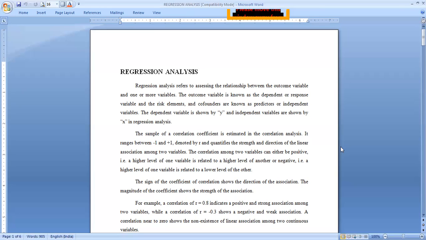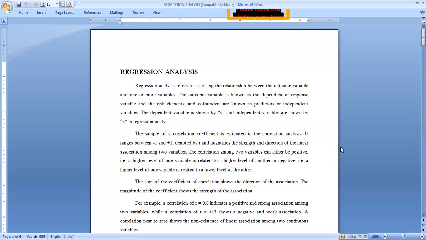The correlation among two variables can either be positive, that is, a higher level of one variable is related to a higher level of another, or negative, that is, a higher level of one variable is related to a lower level of the other.